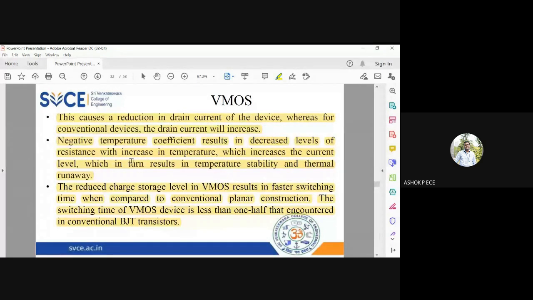And the advantage is that the switching time is very, very less. It is almost less than one half of what is available in a conventional BJT. So this makes VMOS an attractive option for use as a high voltage and high frequency device.